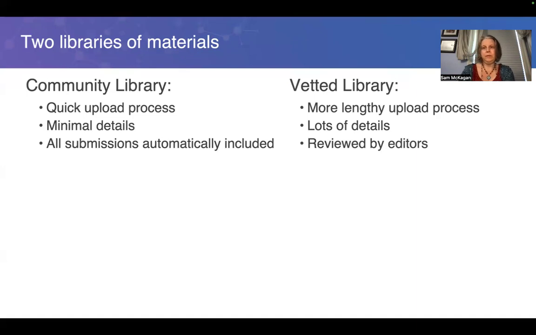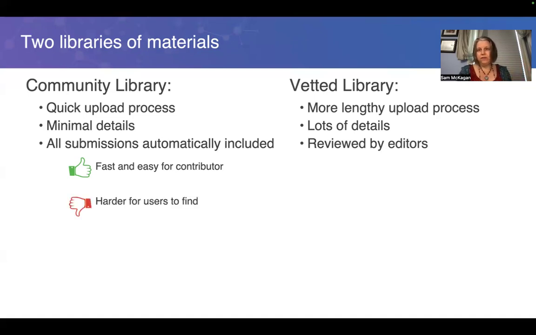So these 2 libraries are balancing 2 conflicting goals, that we want to make things fast and easy for the contributor, but doing that makes it harder for users to find the materials and harder for implementers to use the materials, because if you want to make it quick and easy, you can't put as much detail about how to use the materials.